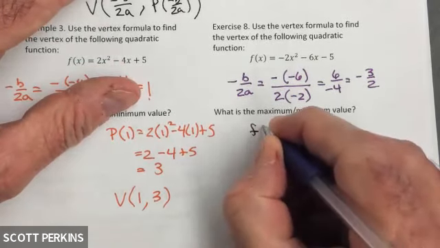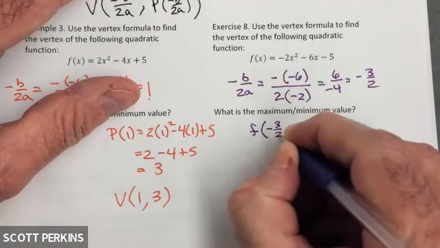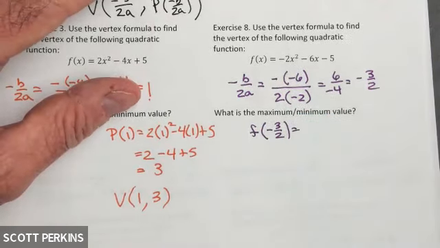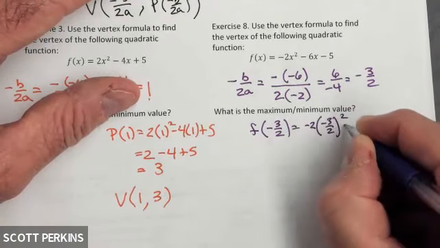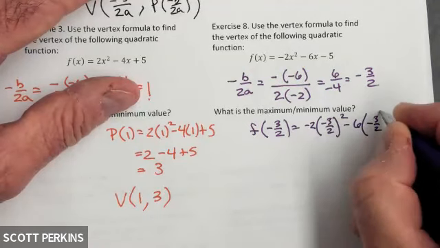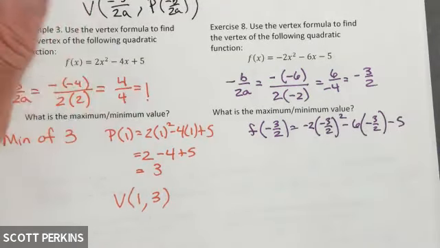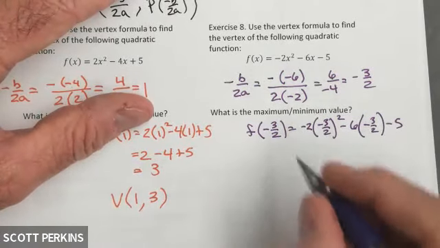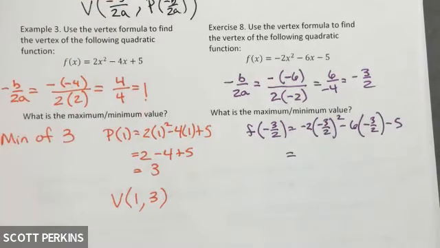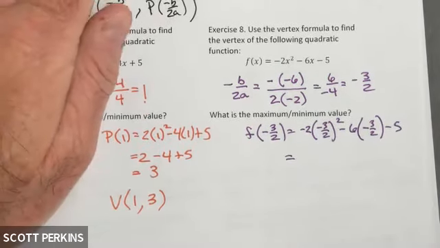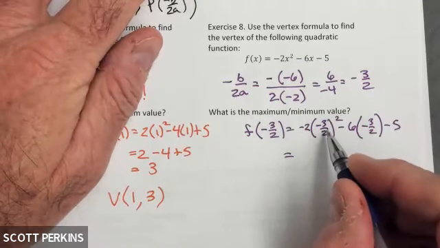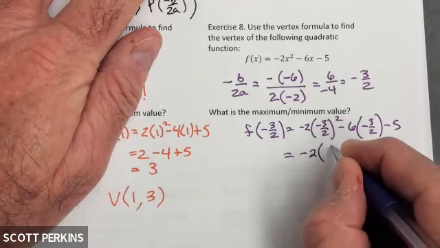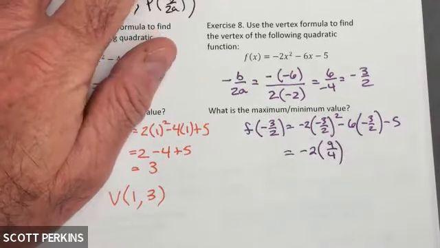And then I'm going to plug that value into my function. So my function at -1.5 or -3/2 is going to look something like this. I've got -2 times -3/2 squared minus 6 times -3/2 minus 5. I know fractions are awkward. You've got calculators for decimals. I figured halves are not the worst fractions to work with. So -3/2 squared is 9 over 4. So I have -2 times 9 over 4, or if you're using decimals, that's -4.5.